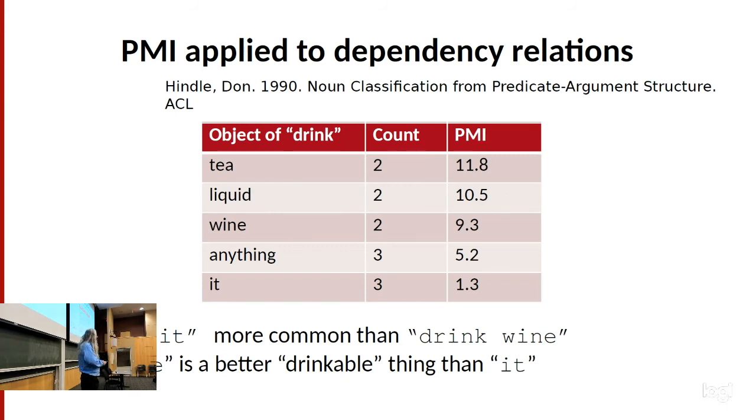But then you do like... If you could do an anaphora resolution and replace it with the thing that was being talked about, then things would be wonderful. Okay? But we all know that that's hard. But this might be an easier way to get the same result. And really what's going on here is that it appears in lots of different places as well as drink. Well, tea only appears in drink or dumping in Boston Harbor. Okay? So there's limited places that go, well, it is really pretty generic. Okay?